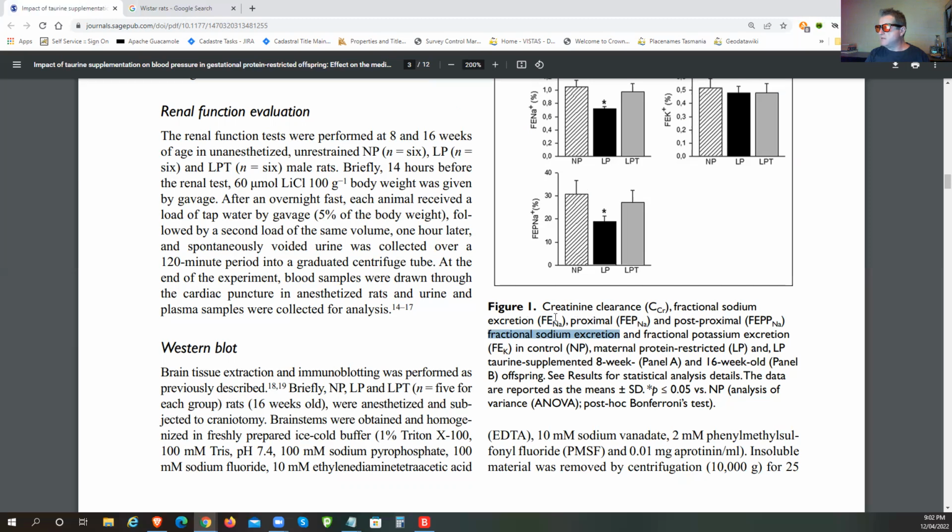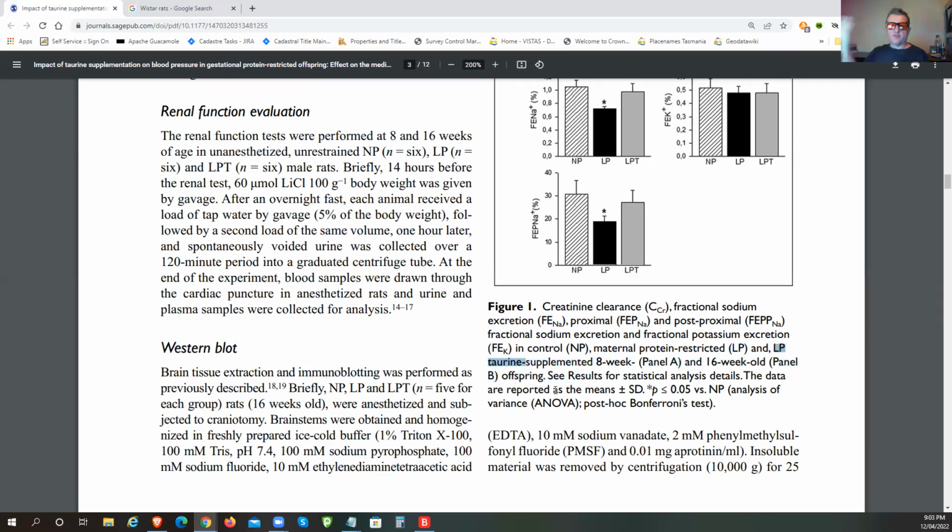So just remember, the first one is the urine excretion. The second one is the reabsorption, and that is the number after the reabsorption. Okay, and then we've got the potassium. So we've got 3 groups: the control, NP, the protein restricted, LP, and the taurine protein restricted.